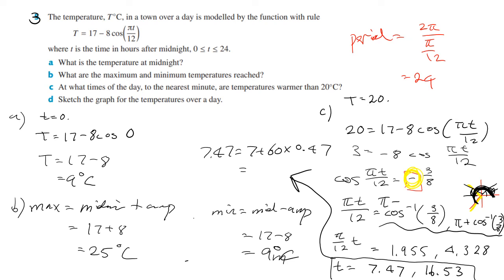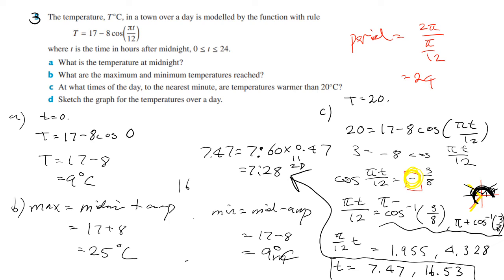Oh no, 7 point to the 7th hour and 28 minutes. So that's equal to 28, so 7:28.